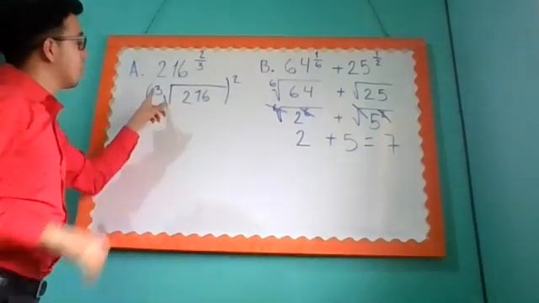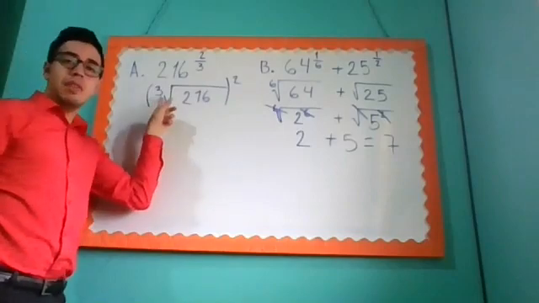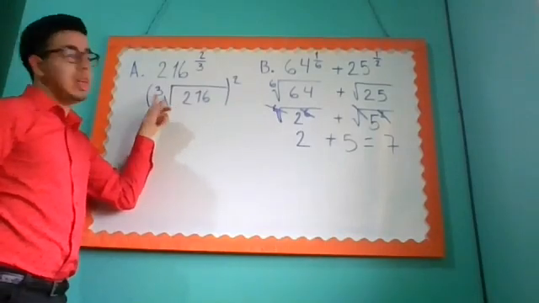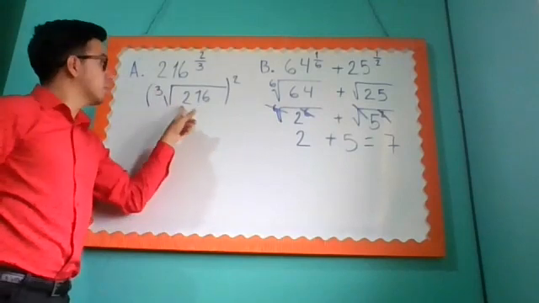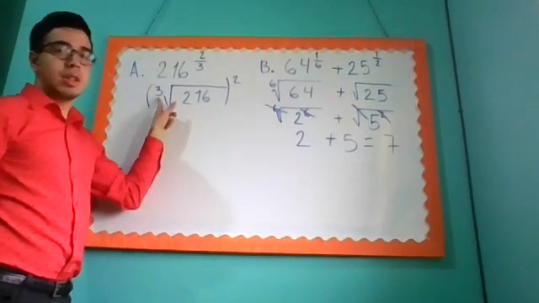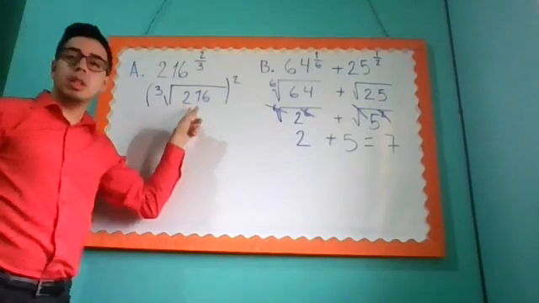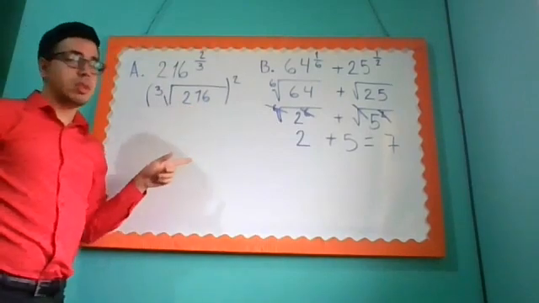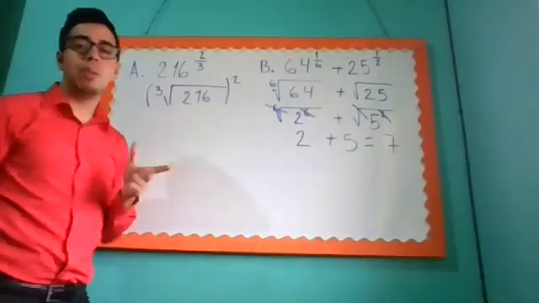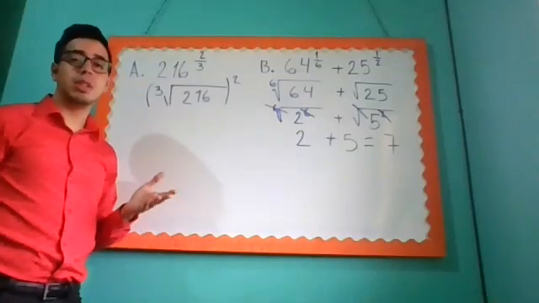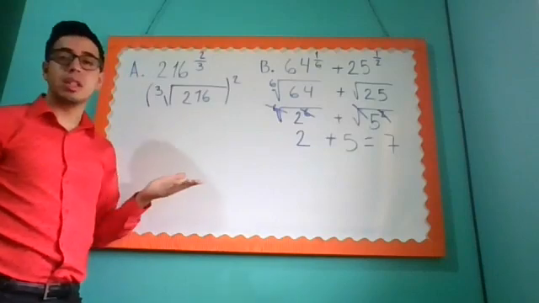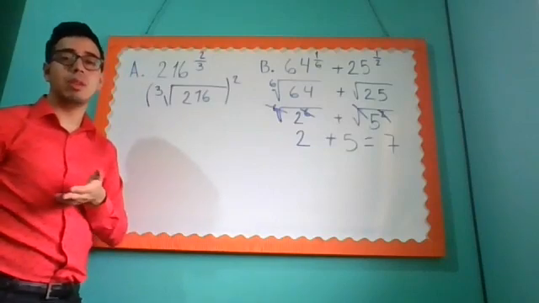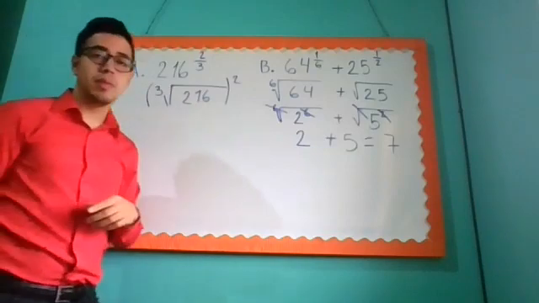So then, remember, we need to identify if the index could be eliminated. So we need to try if there is one number that multiplied 3 times could be equal to 216, okay? So in this case, we know that if we multiply 6 3 times, 6 times 6 is 36, and 36 times 6 is going to be 216, okay?